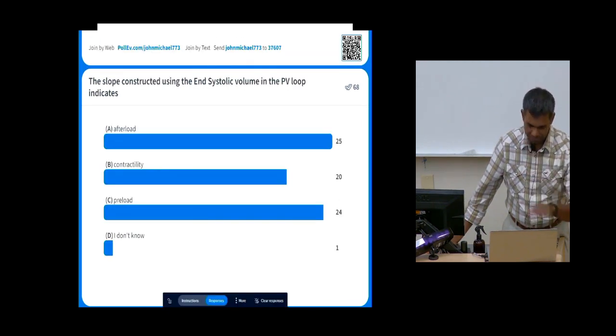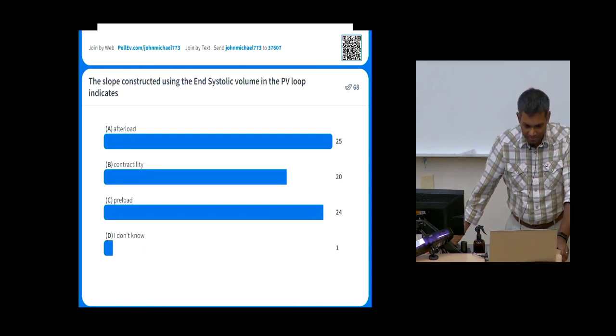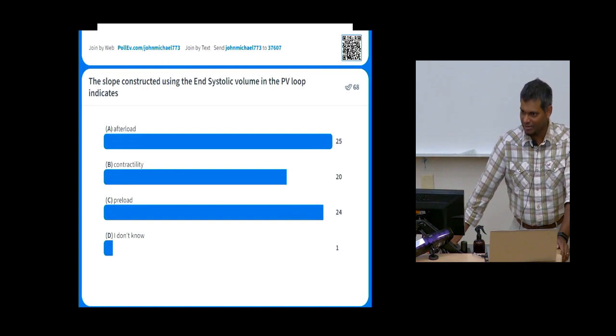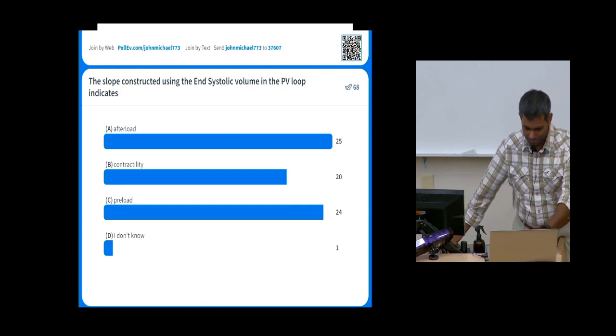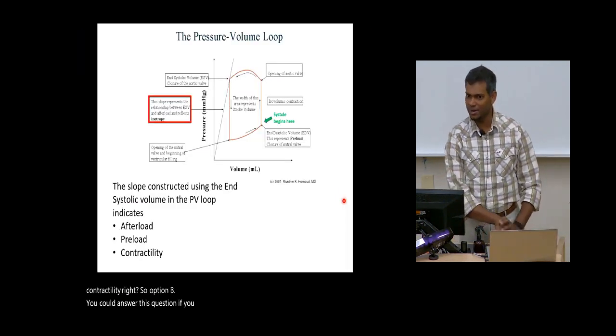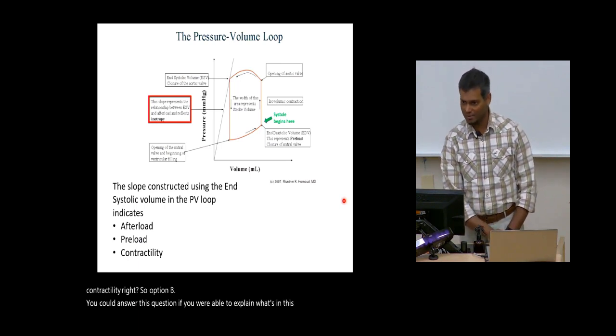Ooh, the answer is all over the place. So I wanted to say the majority, right, but someone said I don't know. So the right answer is actually contractility, right? So option B.